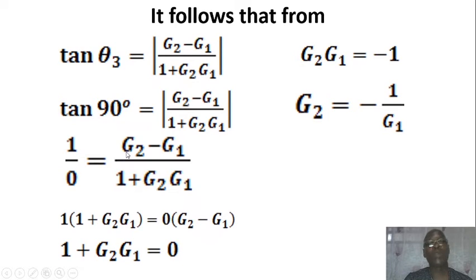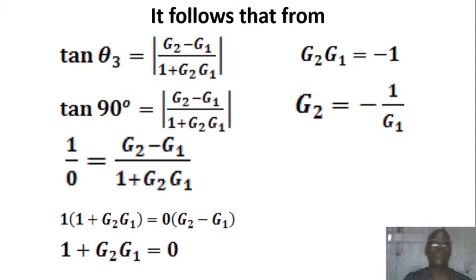Then equate 1 over 0 to the right-hand side of the formula and make your cross multiplication in order to find the relationship between g1 and g2. By our cross multiplication, we get this, and 0 multiplying this will be equal to 0. We open brackets to get that 1 plus g1 g2 is equal to 0.